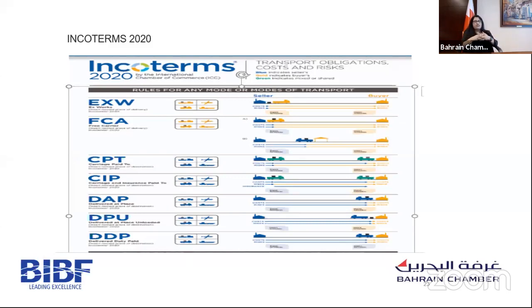Based on the mode of transport that you have agreed, whether it is multimodal transport or sea and waterways, you need to choose the appropriate Incoterm. There are 7 Incoterms if you are using multimodal transport. The way I have ordered them: EXW, FCA, CPT, CIP, DAP, DPU, and DDP.